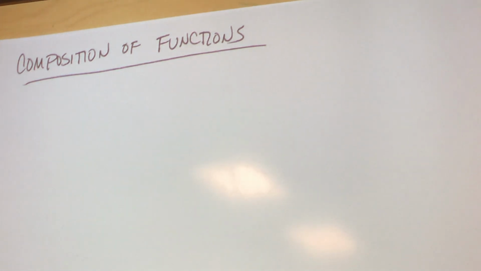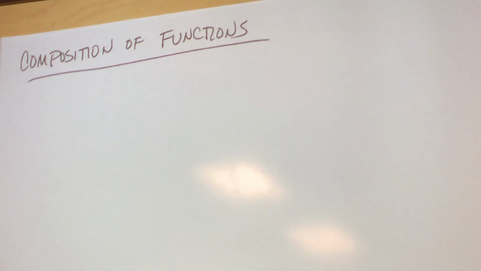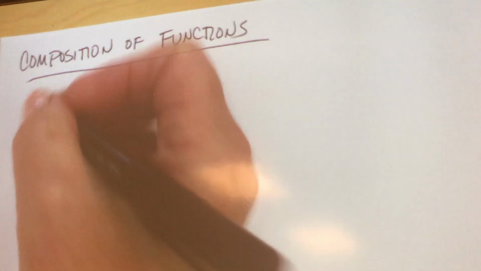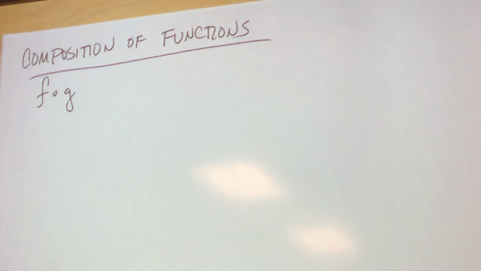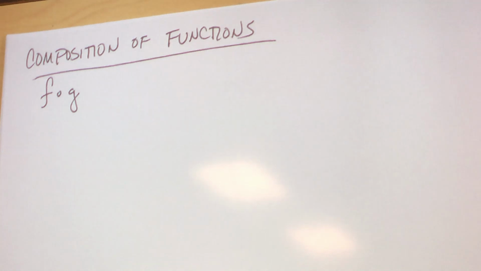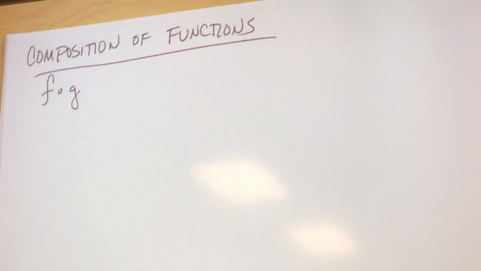Composition of functions, okay? Composition of functions. You'll remember it when I put it up here. You do it in Algebra 2. "F of G" is what y'all usually call it, but that's really not what it is, okay?